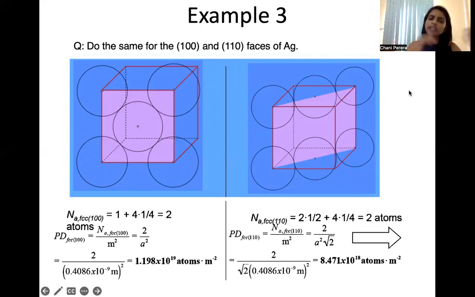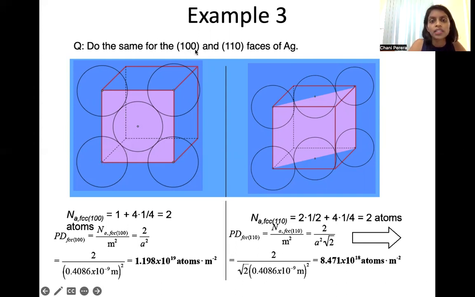So you can do the same for the 100 and 110 planes. I hope you remember the solid state lecture, with these unit cells and all. Here this 100 means this is 1, but it is parallel to the z-axis and parallel to the y-axis, and only intersecting the x-axis.